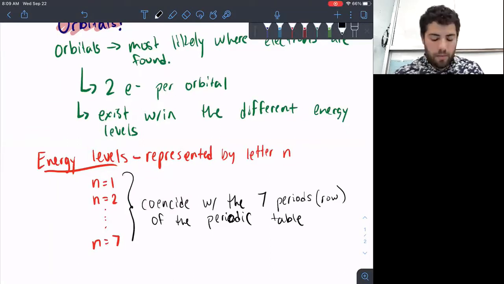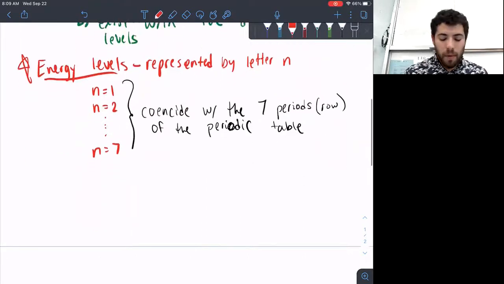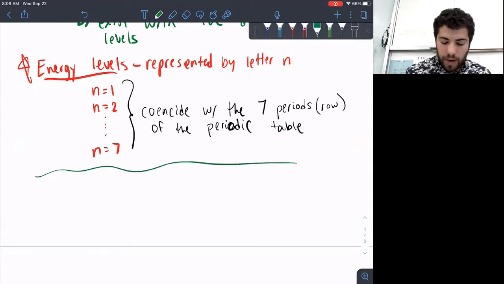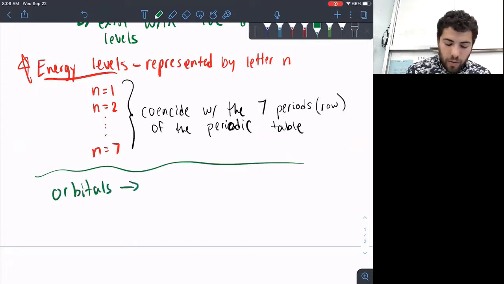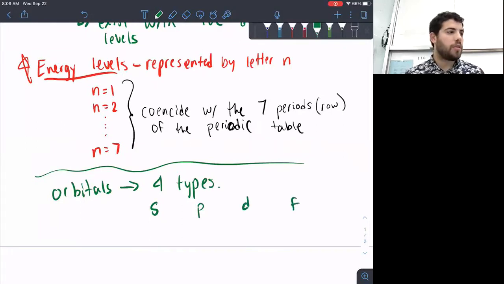So that was my brief aside, and we're going to go back into orbitals now, because these orbitals, once again, are in the energy levels. And there are also 4 types. We have the S, P, D, and F orbitals.